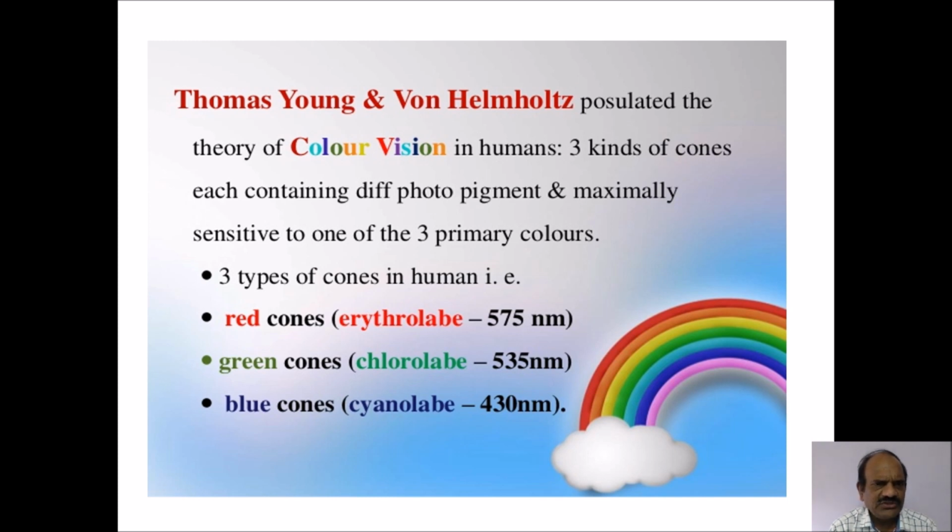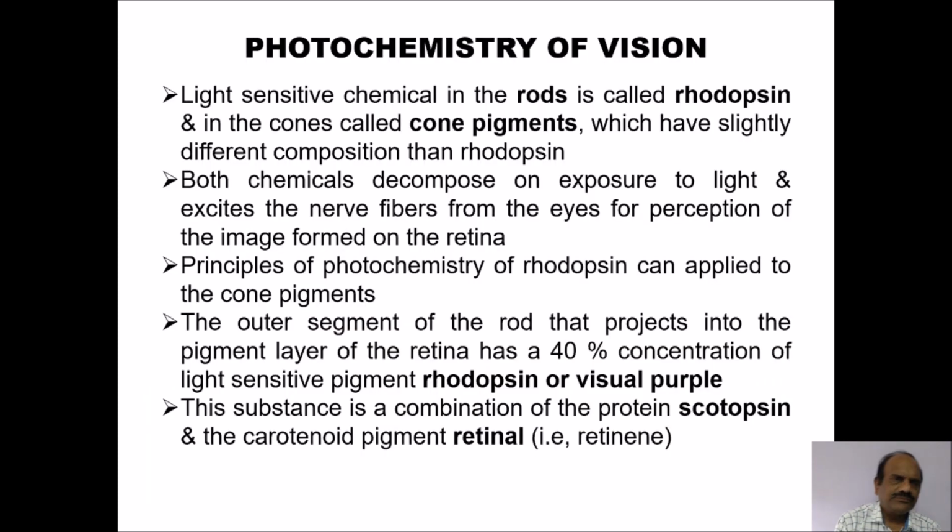The three types of cones in humans: red cones are also called erythrolabe, with 570 nanometer sensitivity. Green cones are called chlorolabe, with sensitivity at 535 nanometers, and similarly the blue cones are called cyanolabe, with light sensitivity at 430 nanometers.